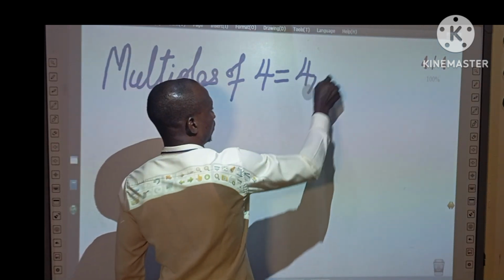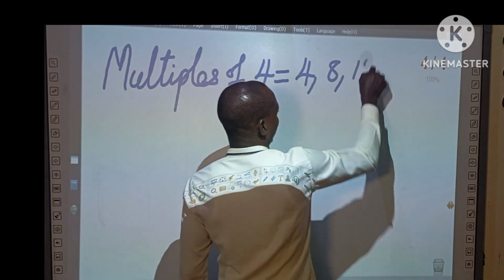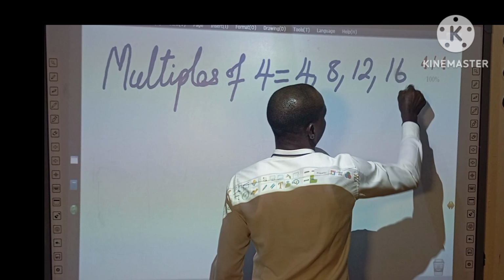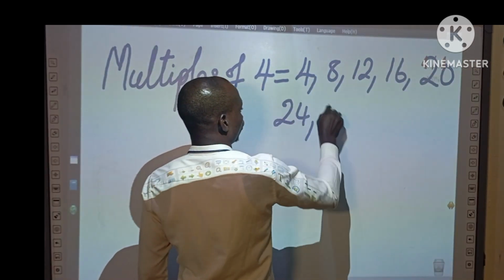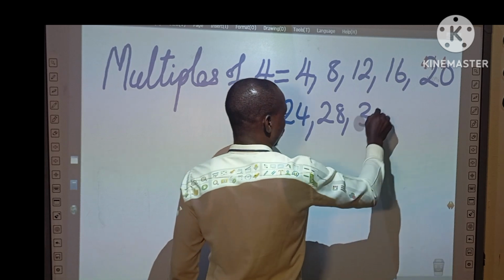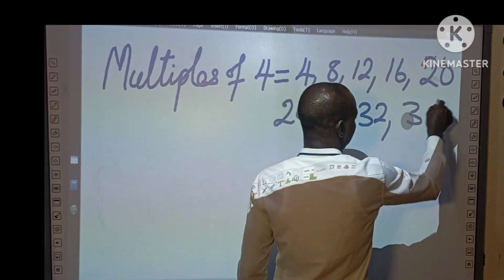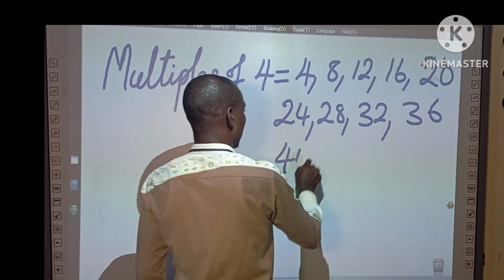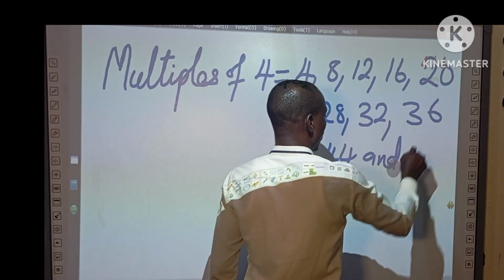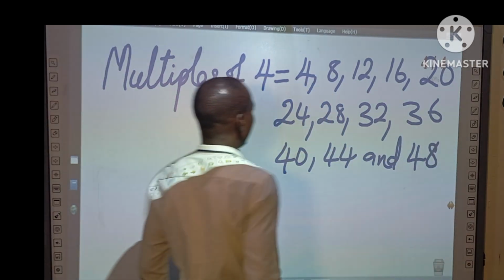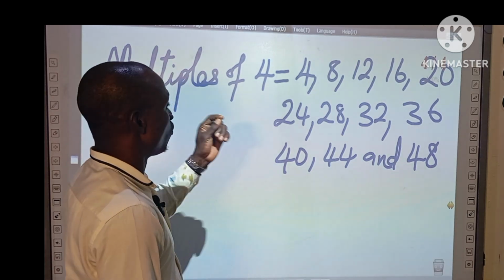Multiples of 4 are 4, 8, 12, 16, 20, 24, 28, 32, 36, 40, 44, and 48. Now, how many multiples of 4 do we have from 1 to 50?